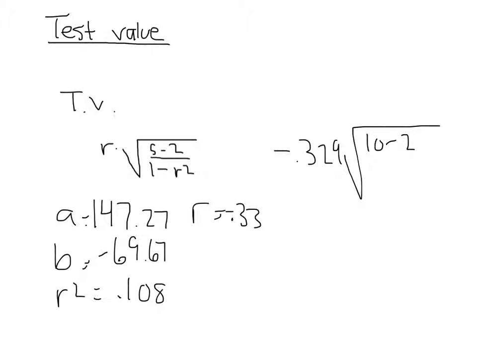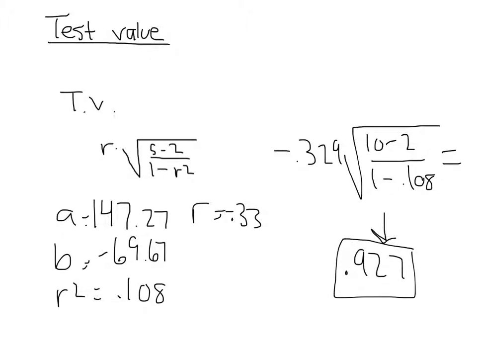Minus 2 because it is a linear regression test. And then do 1 minus R squared, which is 0.108, and then you should get 0.927 as your test value.